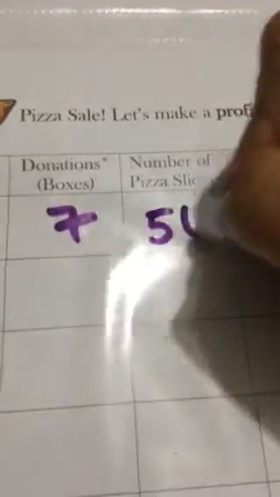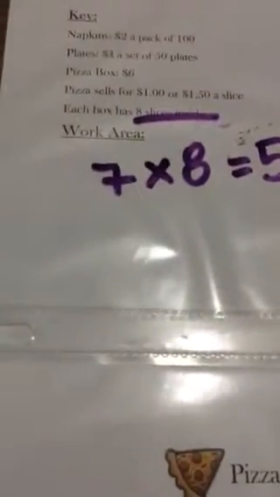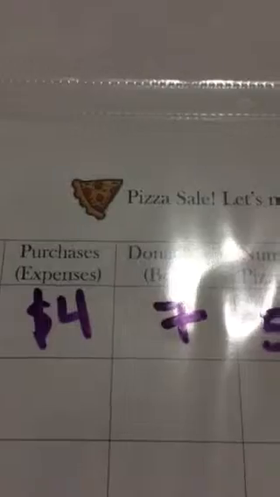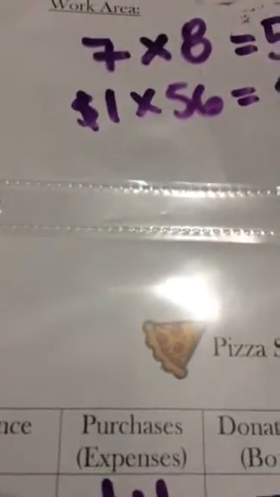So that means I got 56 pizza slices in total. Now the next thing I have to consider is how much I want to sell each pizza slice for. I choose $1. So if I choose $1, that means I just multiply 1 times 56. I will get $56. And I'll put that amount under the total sales.